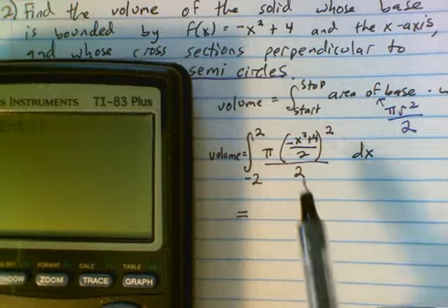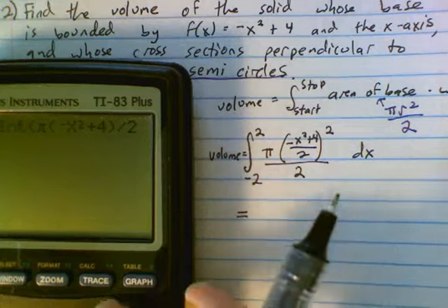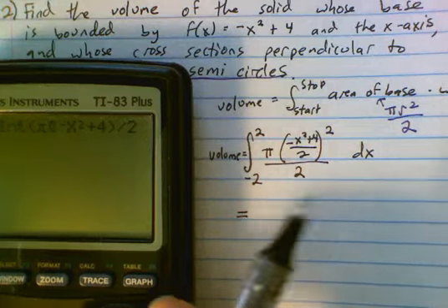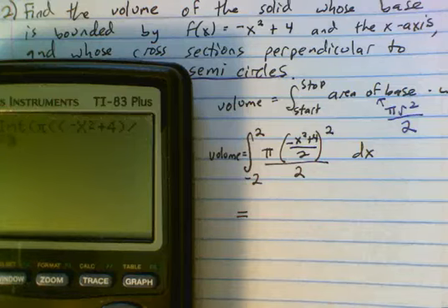Be really, really careful with your parentheses. So we've got pi, in parentheses, negative x squared plus 4, whole quantity divided by 2, then that whole quantity squared, and that whole thing divided by 2.